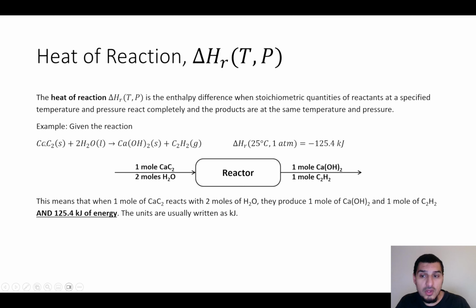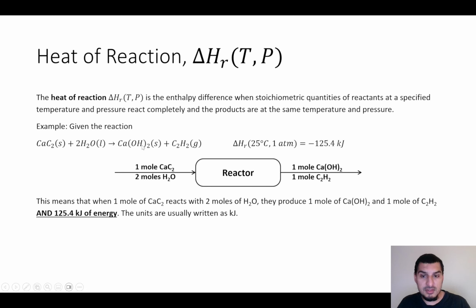When we see the equation like this, delta HR is the delta H for this system. This is the enthalpy difference between the products and the reactants. As we said, it's a different case. We don't have the same components in the feed and the product, so we have to deal with the heat of reaction.